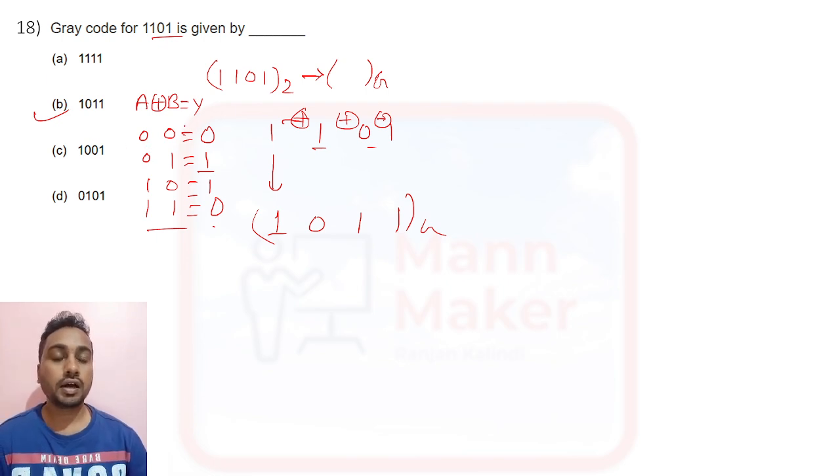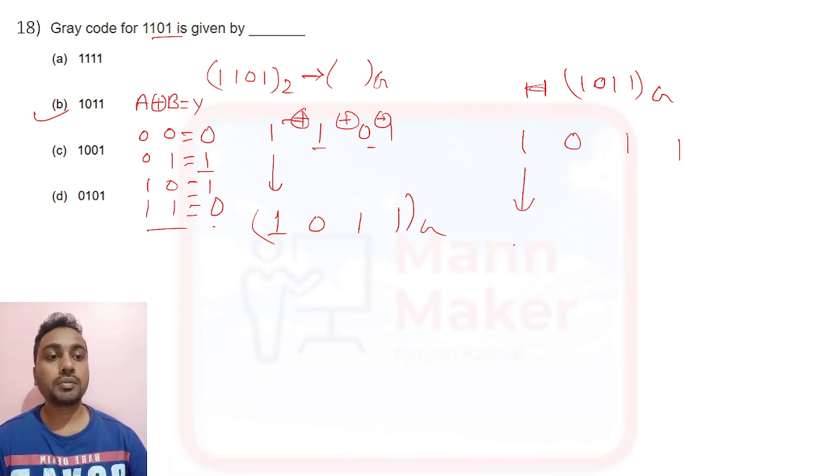Suppose they ask gray to binary. It is given 1011 in gray, and you have to convert this into binary. So how will you solve it? Again you have to do the XOR operation. But how will you do XOR? The MSB you have to write as it is. Then this output and the next input you have to apply XOR, meaning 1 and 0 is 1.